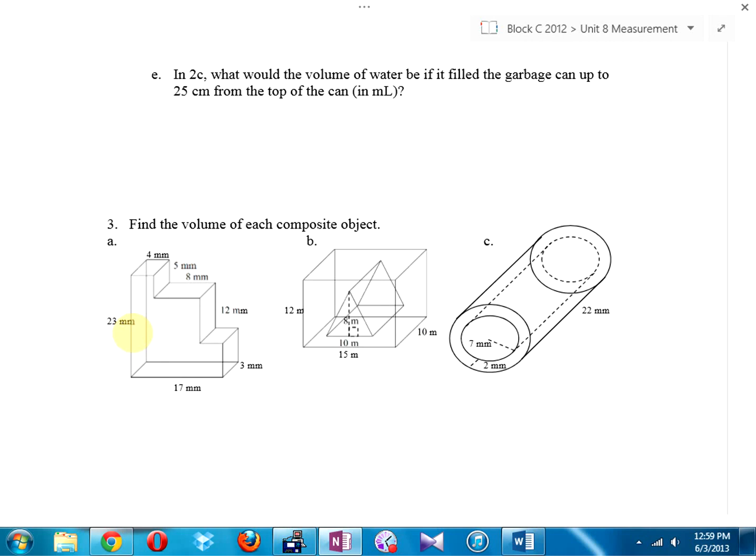Okay? So take a look at C. Can you tell me how you would approach question 3C? Big cylinder minus the small cylinder. Okay? I think the whole cylinder. By the way, what's the radius of the great big cylinder? Not 7 and not 2. What is it? 9. Okay? Minus the 7.